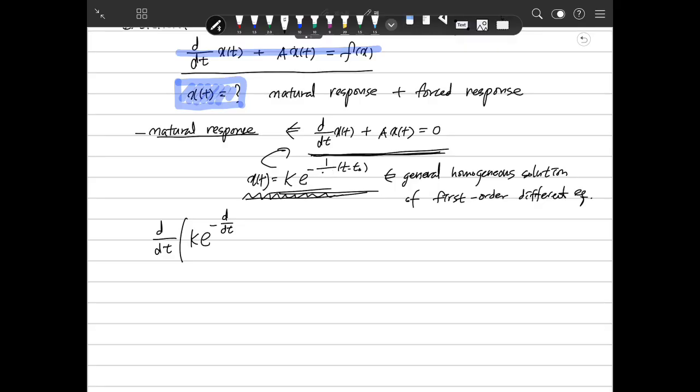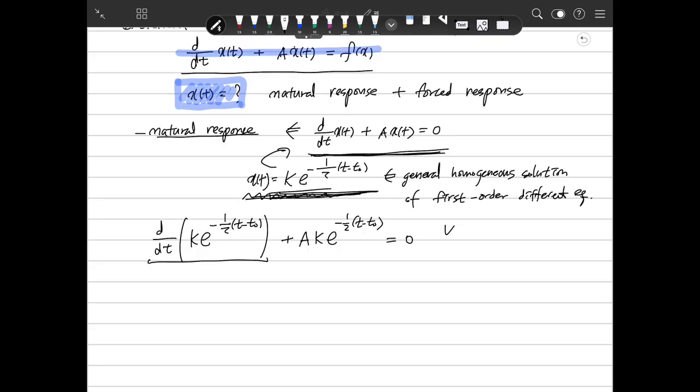It is not 1 over tau alone; it is minus 1 over tau times (t minus t0). So d/dt of K e to the minus 1 over tau (t minus t0), plus a K exponential of minus 1 over tau (t minus t0), will be 0. If this is a solution, then this equation should be satisfied.